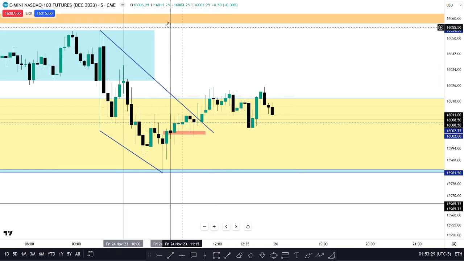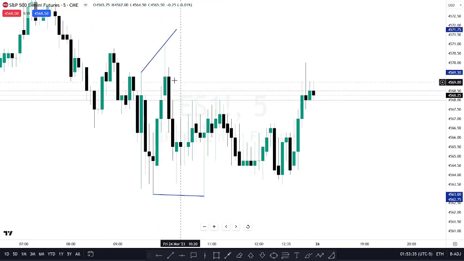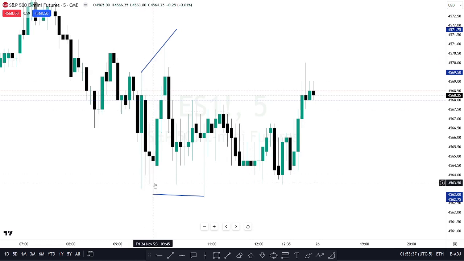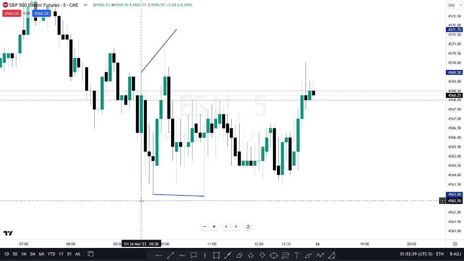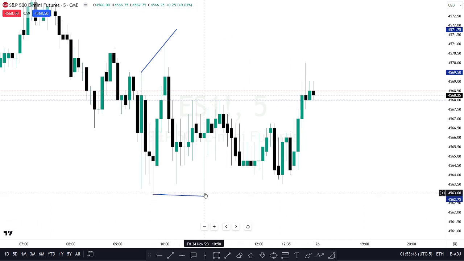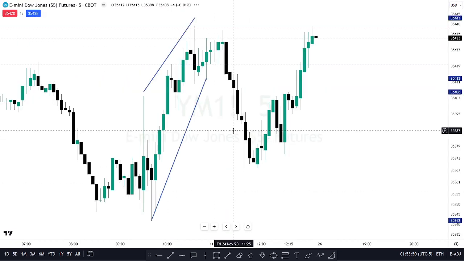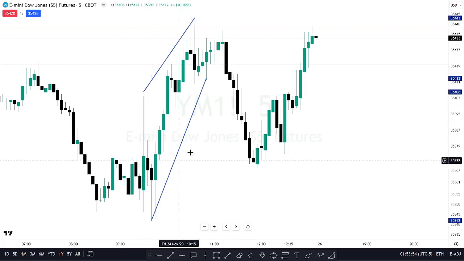With this, let's go to another asset. I've already drawn. This is S&P. Let's see, from 9:30. This is 9:30 to 10:50. This is 10:50. 9:30, 10:50 is not even visible. Let's leave this one. This is the one that we are looking for. 9:30, 10:50 exactly.